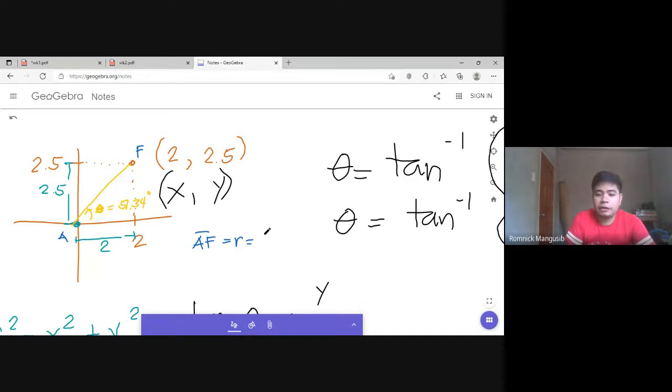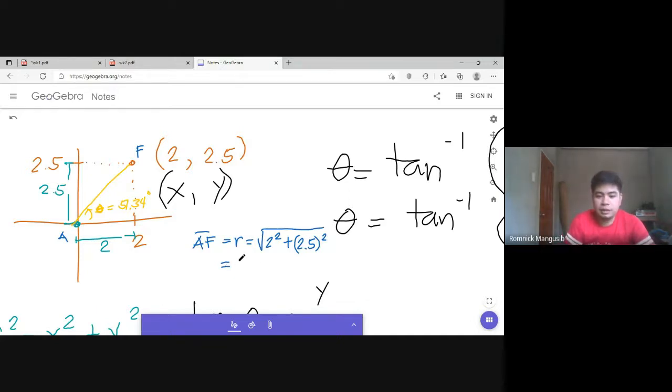O, the Pythagorean theorem ka lang dyan. Ano ba yung two legs? X and Y, 2 and 2.5. So, square mo ang x na 2, square mo ang 2.5 na y, and you're going to get the square root of the sum of the squares. So, square root of 2 squared plus 2.5 squared is approximately 3.2.